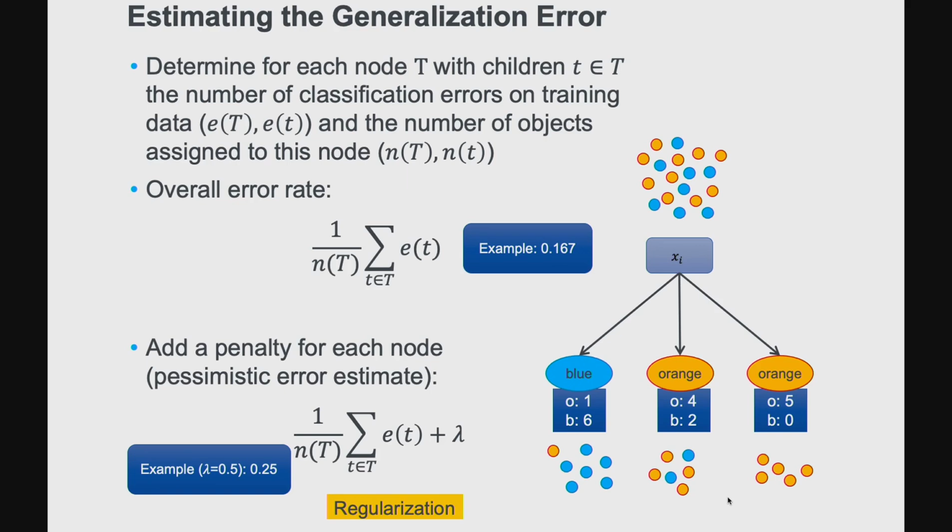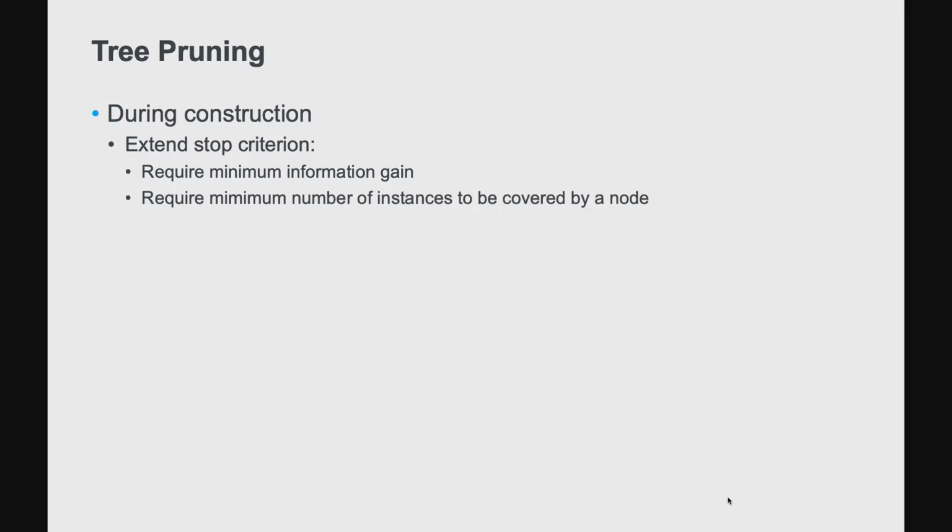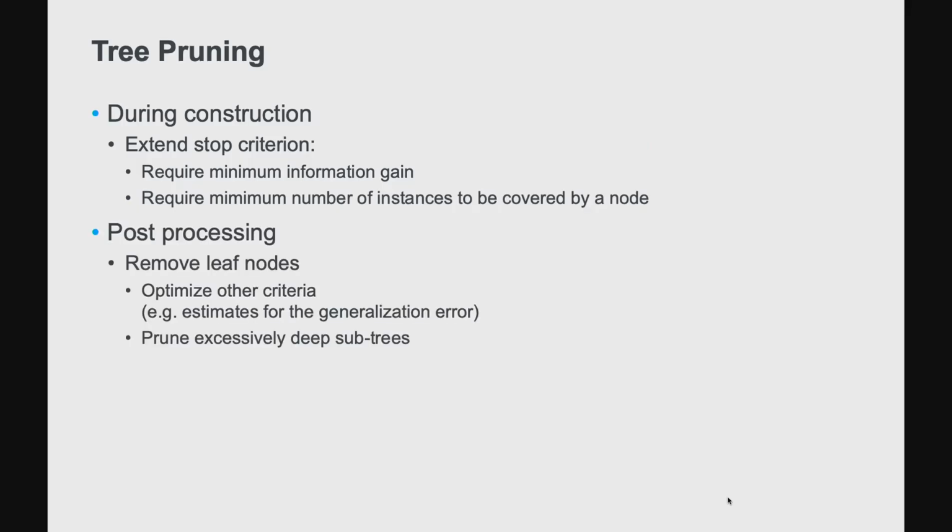In reality, the number of data instances that we talk about in such a situation is always much larger. So this is something we can do during construction. So we can check before we expand, how many instances do I still have? Does it make sense to expand? When I expand, how is my error rate worsening or getting better?